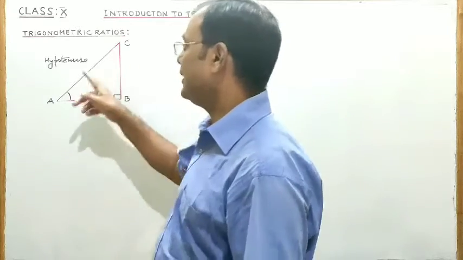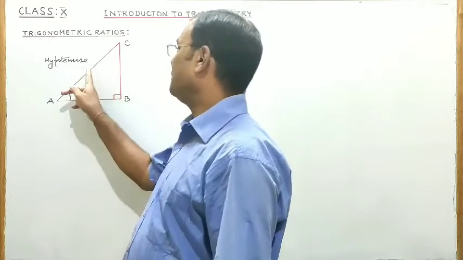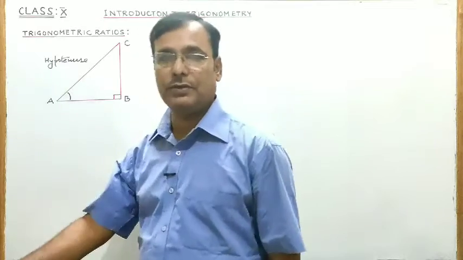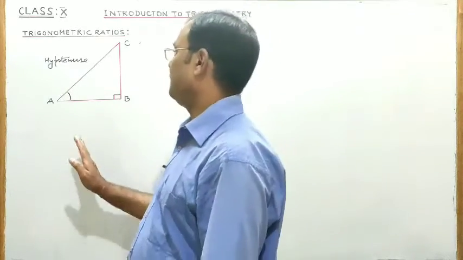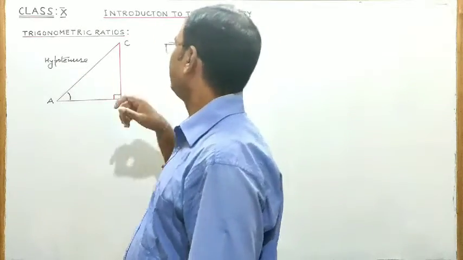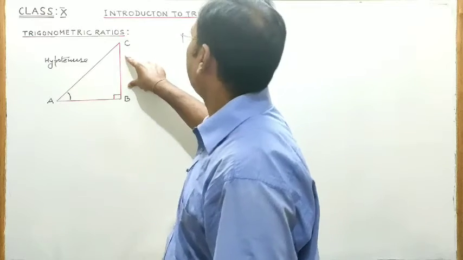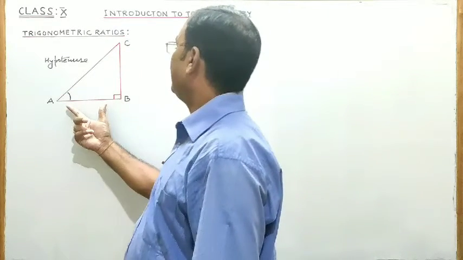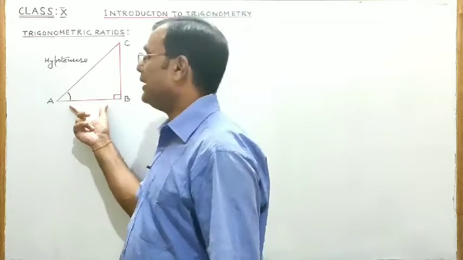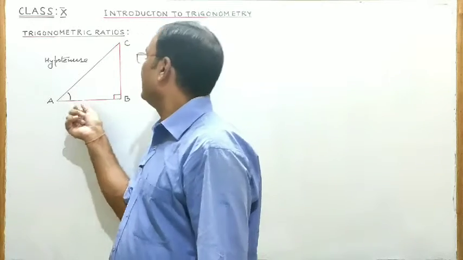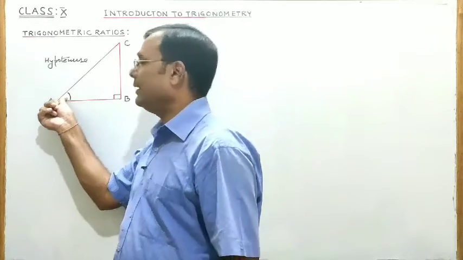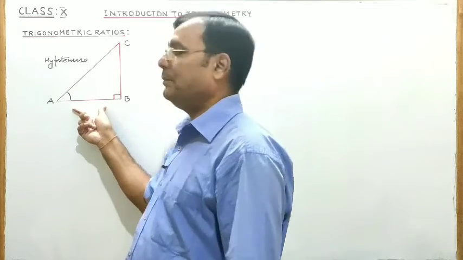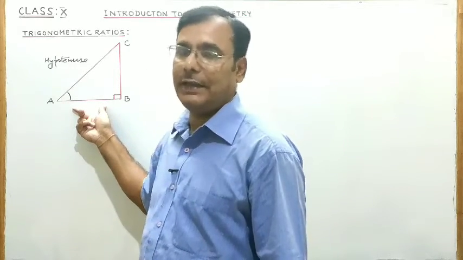So in this right angle triangle, side opposite to B is hypotenuse. There is no other option for that. Side BC is side opposite to angle A. Side AB is side adjacent to considered acute angle A, which you may also call as base of the right triangle ABC.